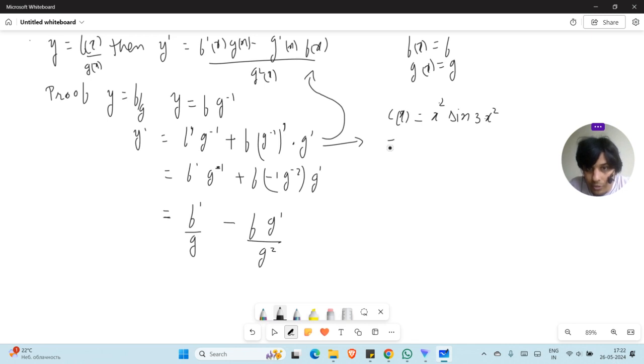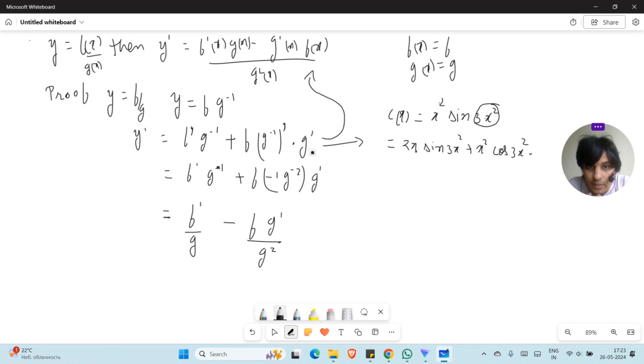So if I show you how to do it, we differentiate the first thing, x square, we get 2x. Keep the second thing, sine 3x square. Now we keep the first thing and differentiate the second thing. What is the second thing? Sine 3x square. What would be the differentiation of sine 3x square? Cos 3x square, dot the differentiation of this term.